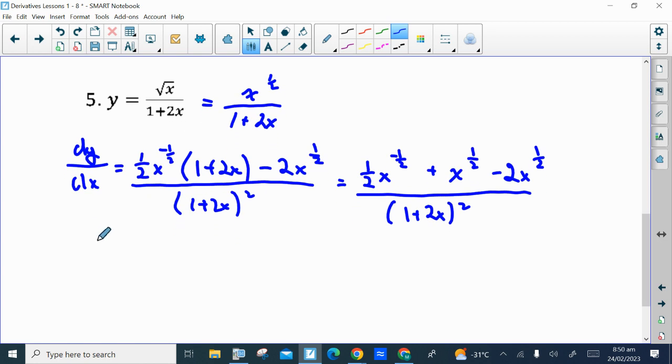There are like terms on top. There are 2 terms with x to the power 1/2, so we can combine those. If you have 1 and you take away 2, you're left with minus 1 of those.